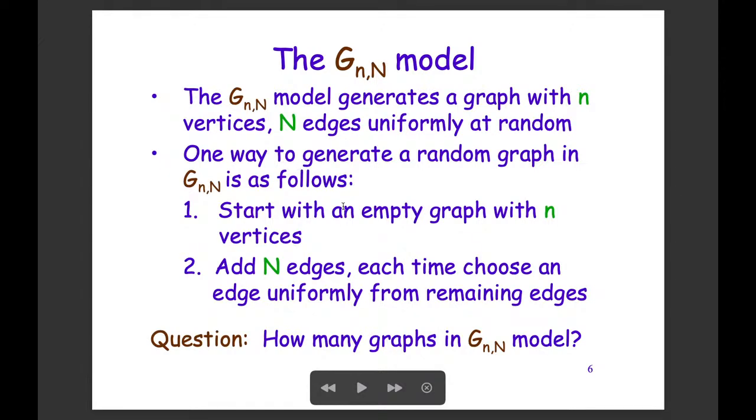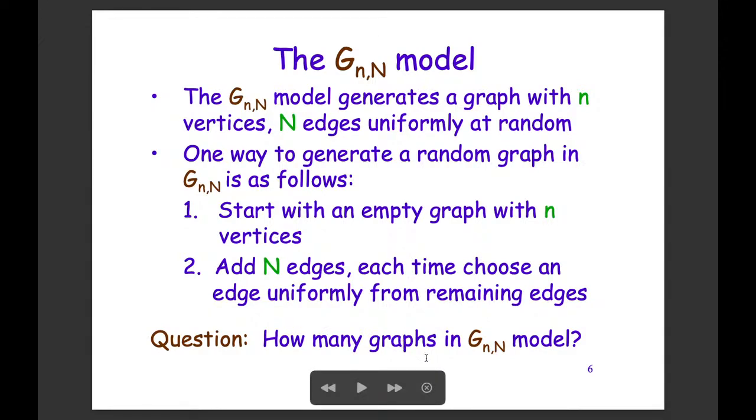We first start with an empty graph, and then we select one of the edges randomly. If it is not there, we add it. Then among the remaining possible places where we can place an edge, we select one of them randomly, and we add it, and so on and so forth. We do this process until we have exactly N edges, and then we stop.